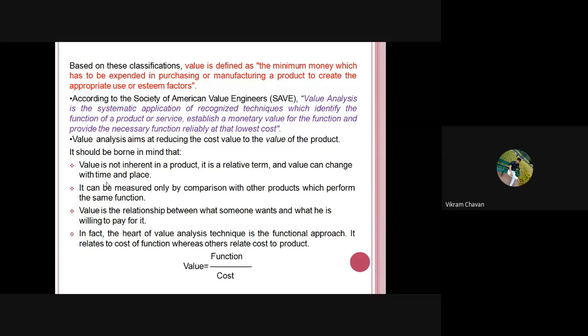First point, value is not inherent in a product.